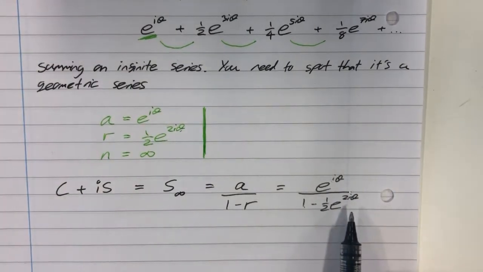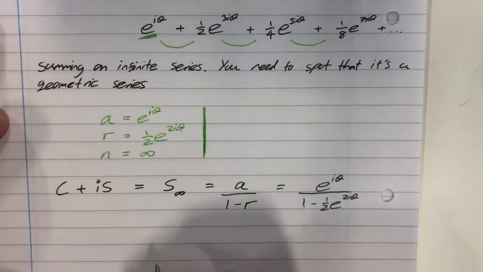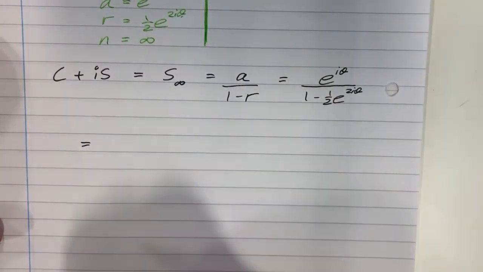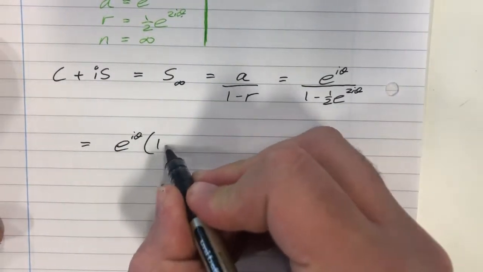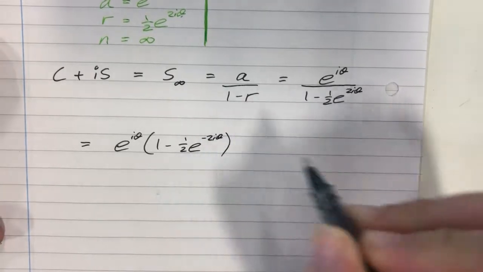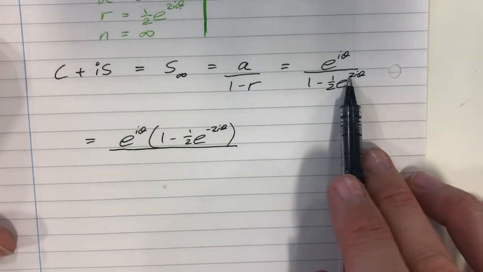At the moment, I've got a complex number on the bottom, so I want to make that real. So we're going to multiply the top and bottom by the complex conjugate of the bottom. So that's going to be e to the i theta multiplied by 1 minus a half e to the minus 2i theta. Don't forget, multiplying by the conjugate just means changing the sign of the coefficient of i.